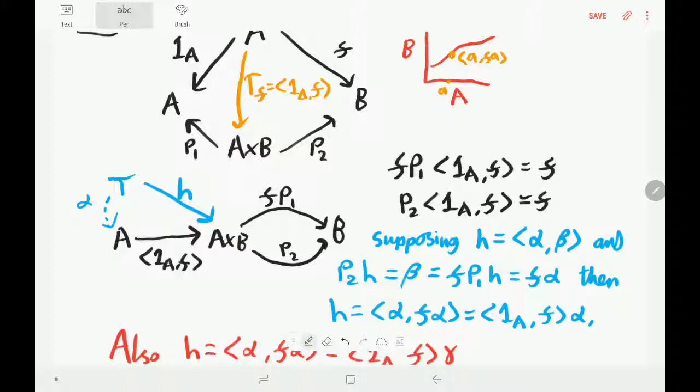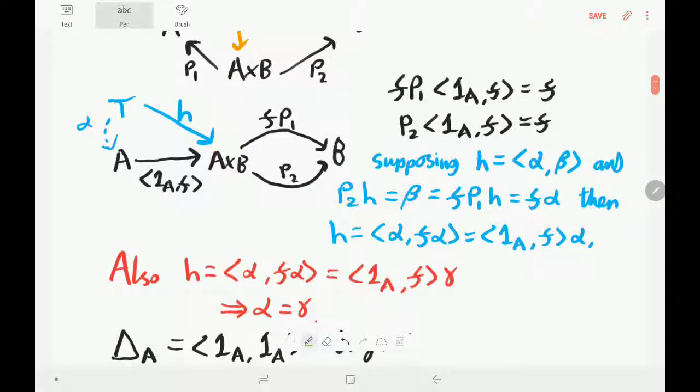So we can write h is equal to alpha comma f of alpha, which is 1a comma f after alpha. So we have that there is this alpha such that the graph after alpha is h. But we need this alpha to be unique, so let's get that.